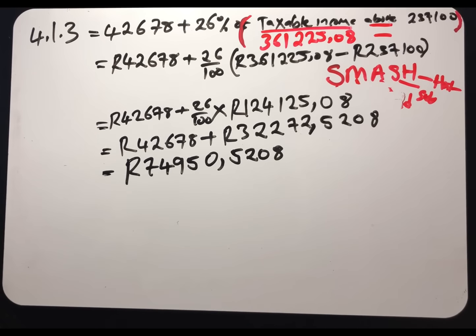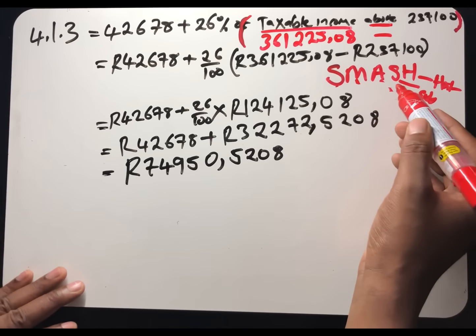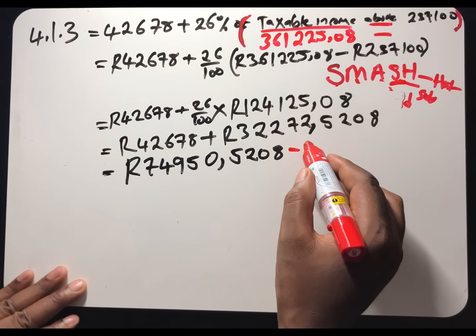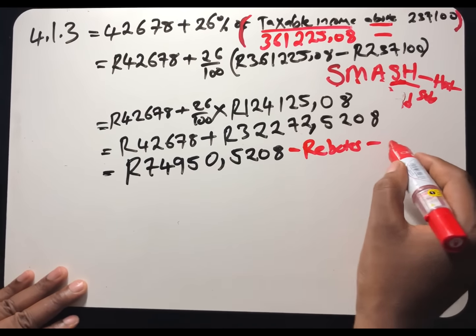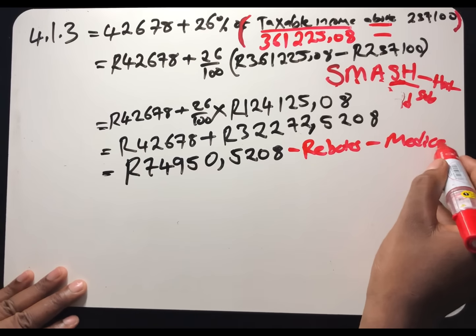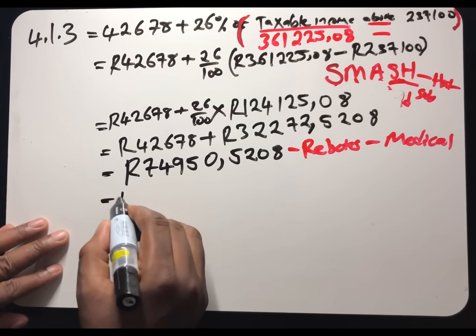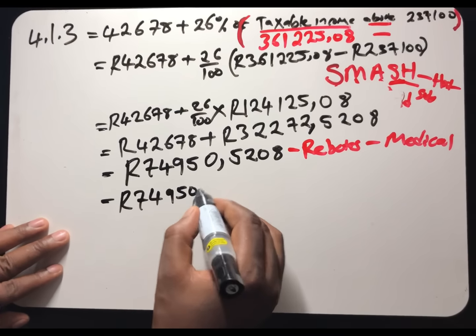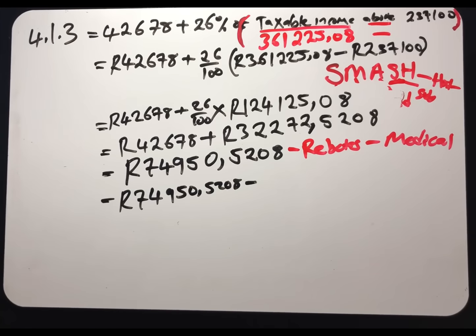After reaching this step, we go to the next S, the subtraction again. We said it is for what? Hospital and the rebates. We're going to say minus rebates and minus medical aid. So we proceed. We now have 74,950 and 5208 minus rebates.